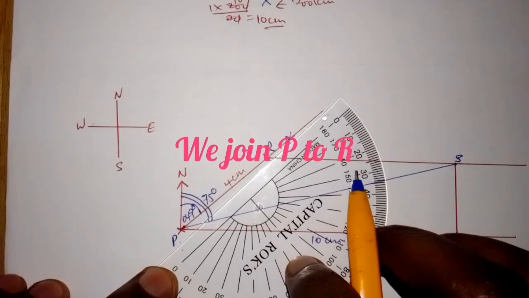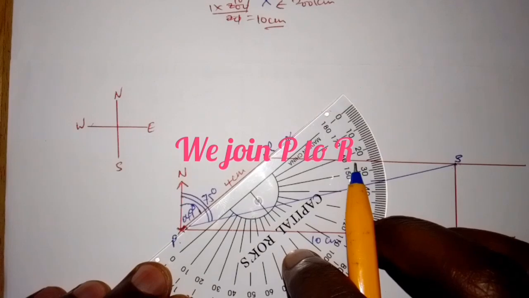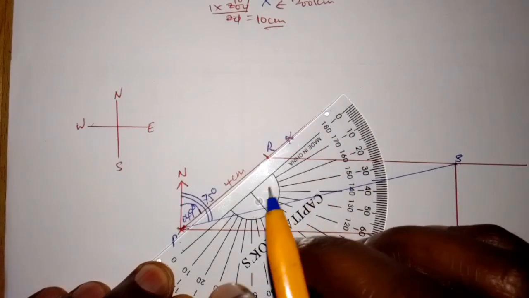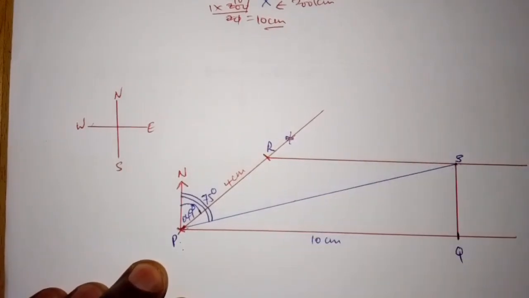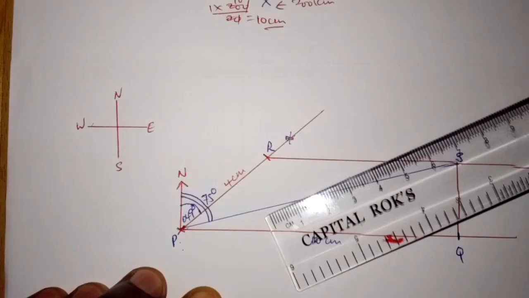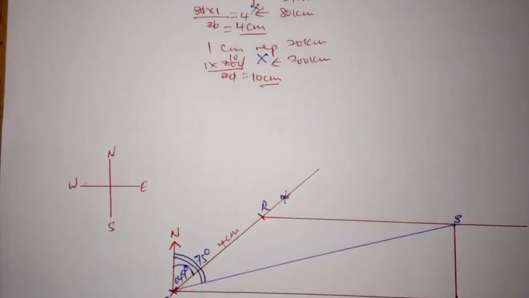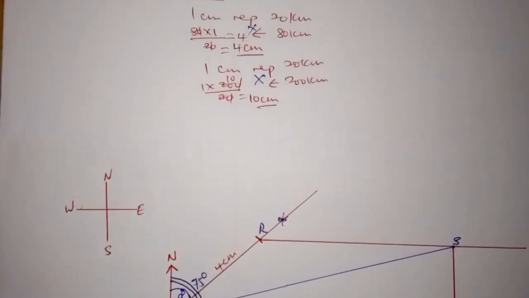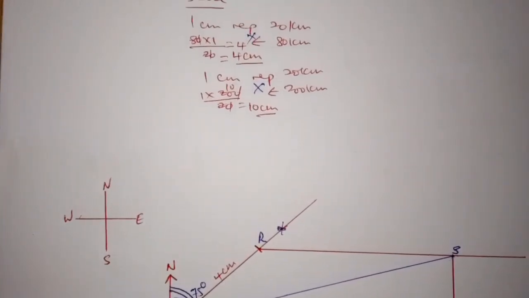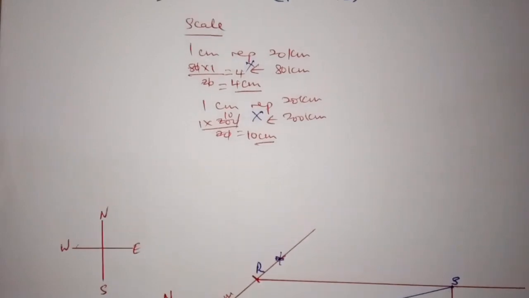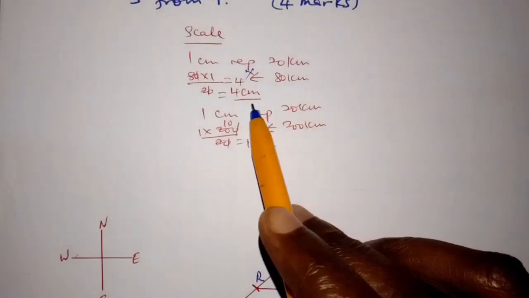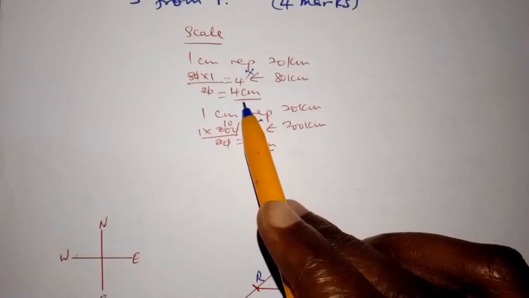Then we join P to R and get the measurement. On our scale, R is at a distance of 80 km on a bearing of 049 degrees from P, and 80 kilometers is represented by 4 centimeters.